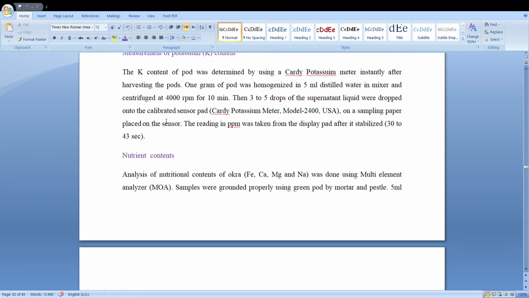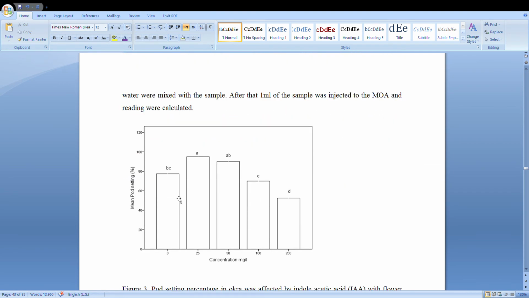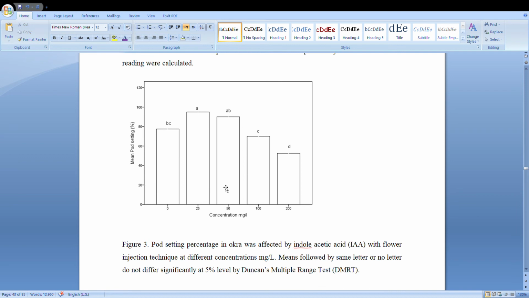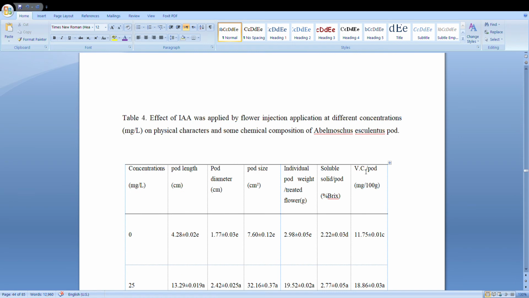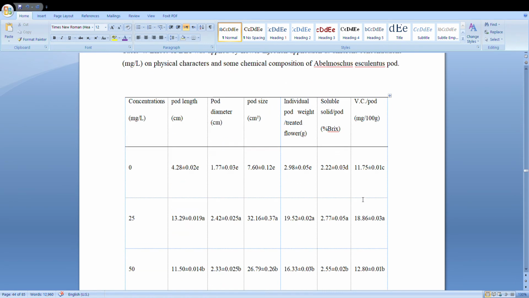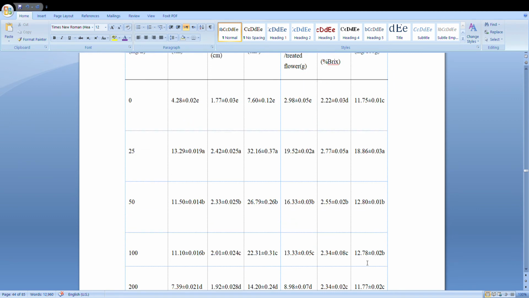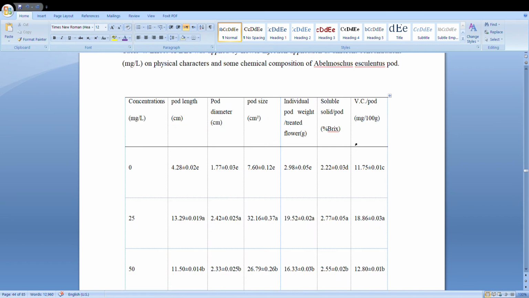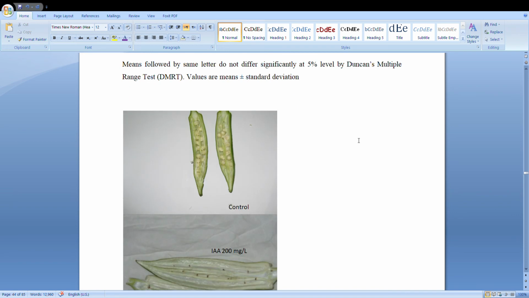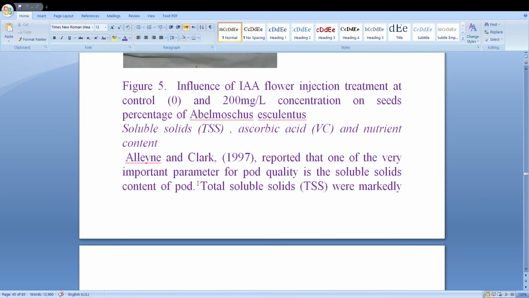We analyzed the different types of nutrient contents. You can see here different types of vitamins, vitamin C. The highest vitamin C was found in the treated plant, compared to the control. This vitamin C is like an antioxidant. These are okra seeds and seedless okra we produced.